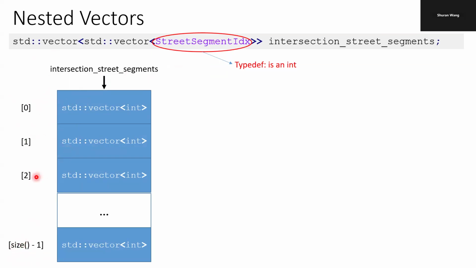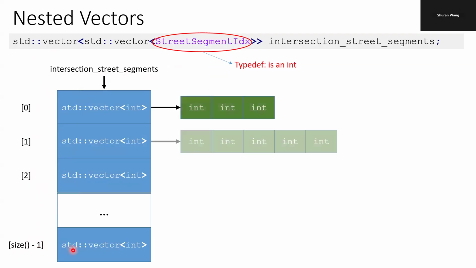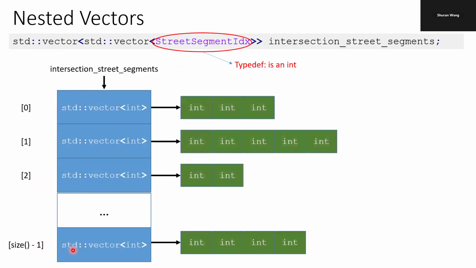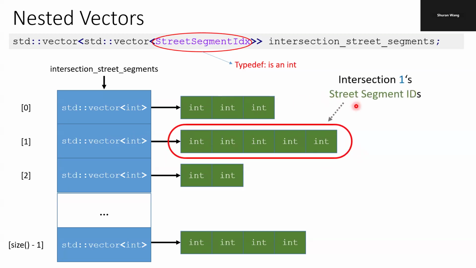And each of the entries contains a vector of integers. And these integers are the street segment IDs that are connected to each intersection. So if we want to access intersection 1's street segment IDs, we just do intersection street segments square bracket 1. And this returns a vector.